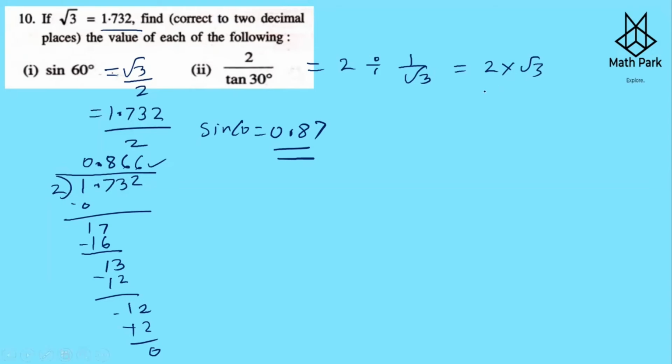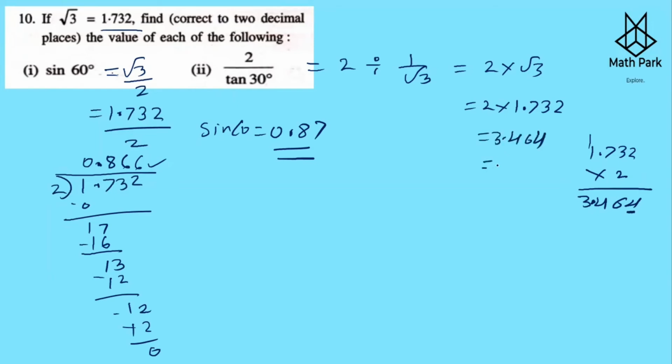So this is 2 times 1.732. 1.732 multiplied by 2: 2 2s are 4, 2 3s are 6, 2 7s are 14, carry 1, and with 3 decimal places it is 3.464. When we round off to 2 decimal places, it is 3.46.